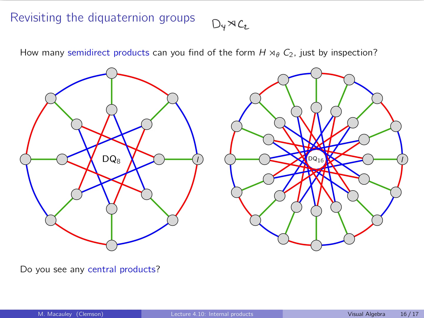What else is there? Well, you may remember that this group has an index 2 quaternion subgroup. And that's kind of how we defined this group originally. We said, what if we take the quaternion group and we add in a reflection? So if we take these nodes right here, we get the quaternion group.